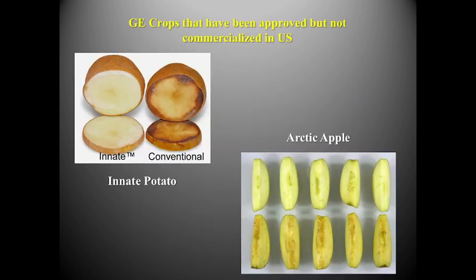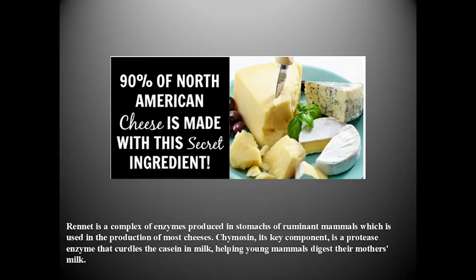See, these are examples: potato, innovative and conventional. The traditional potato can easily spoil within 15 days or within a month. But after this genetic modification, the potato shelf life is 2 months, 3 months, 5 months, and it can be kept at home without spoiling. Citric apple: apples are normally sweet, and vitamin C is not there in the apple, but in the citric apple, vitamin C and other vitamins are more present through genetic modification. 90% of American cheese is made with this ingredient.